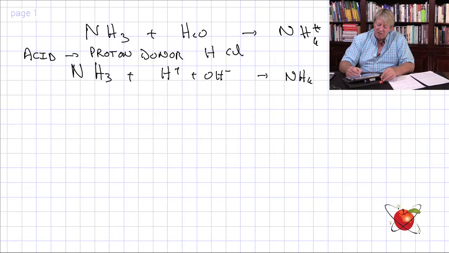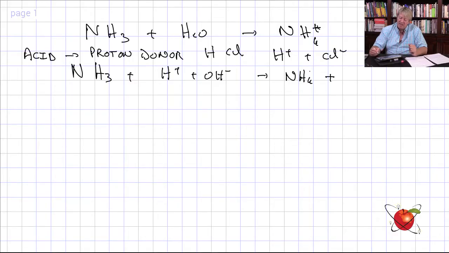Hydrochloric acid, HCl, you know that dissociates to be an H plus and a Cl minus. Therefore, there's the proton coming from the acid, an H. H is a +1, isn't it? So we've got NH4 plus there, and we've got our OH minus that it goes down to.